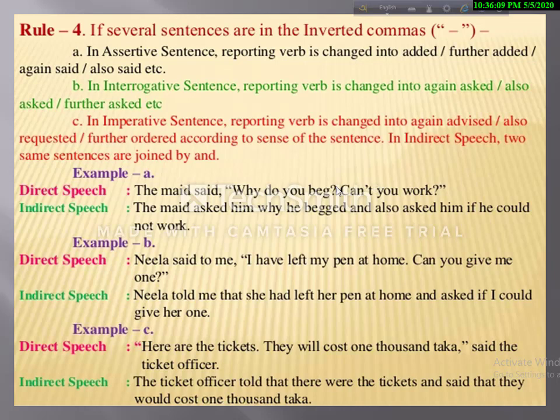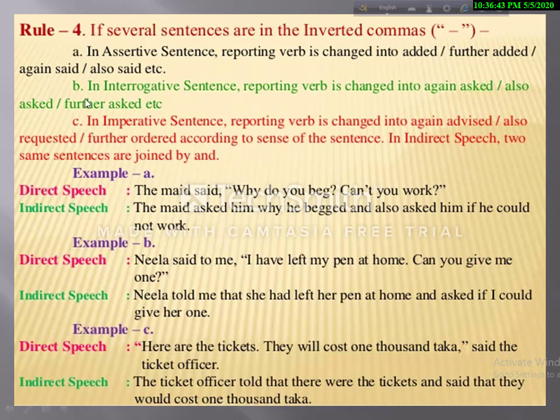Because you have learned how to write only one sentence with a reporting verb. But if there are more sentences, additional verbs are needed to write these sentences. Suppose there is only one reporting verb, but there are three reported speeches. You will write the first reported speech with the verb, and then what should you do with the rest of the two sentences? This rule will make it clear to you.